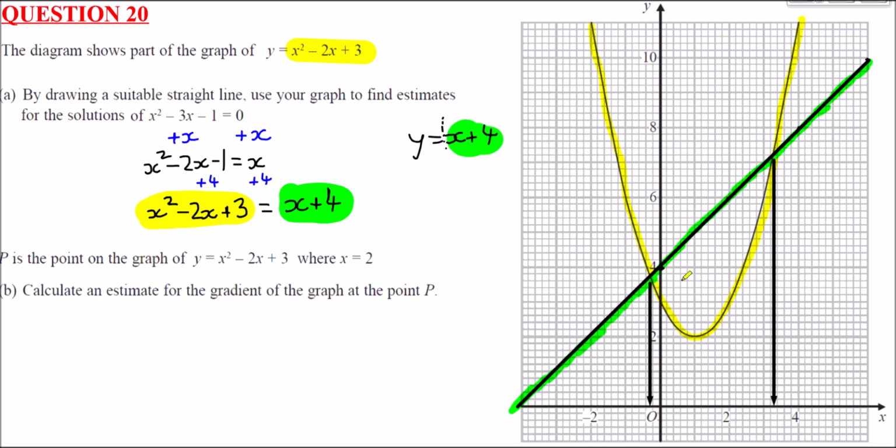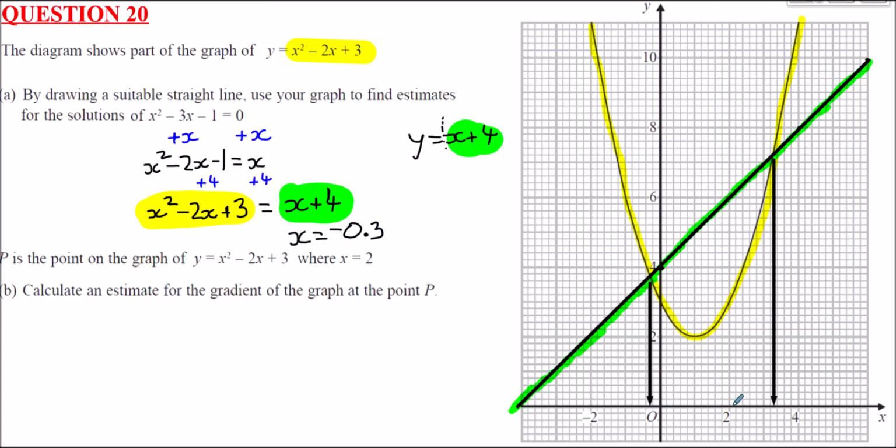Well, each little square here is worth 0.2. So 0.2, 0.4, 0.6, 0.8, 1, 1.2, 1.4, 1.6, 1.8, 2. If each little square is 0.2, that's 1.5 squares in the negative direction. So 1.5 times 0.2 gives me 0.3. So one solution is that x equals minus 0.3, because that one there is about minus 0.3.